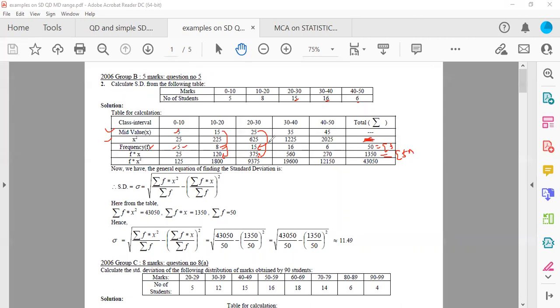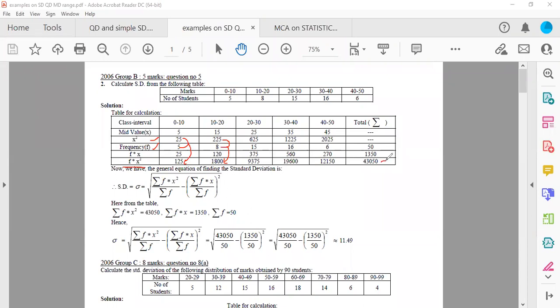Summation fx is this. Again, fx square, the last case. This row and this row, we have to multiply. X square is 25, f is 5, so multiplied we get 125. X square is 225, f is 8, if we multiply we get 1800, and so on.